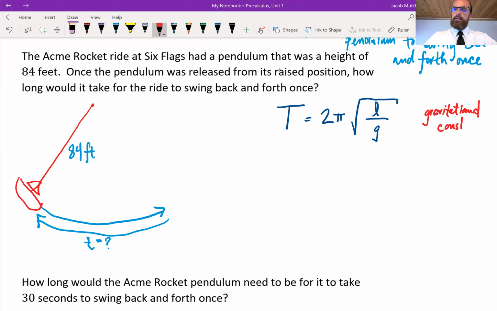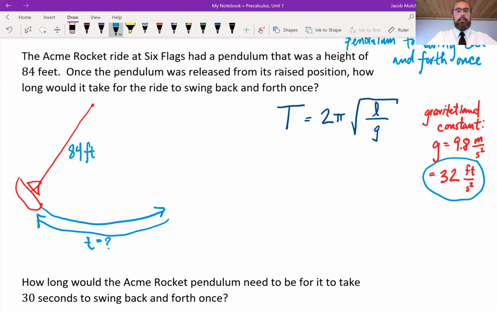And let's give it a value. g equals 9.8 meters over second squared, which in terms of feet is 32 feet per second squared. So definitely you'll want to choose the one that matches your measurement. So for us, if we're in feet, the height of the pendulum is 84 feet, we're going to select 32 feet per second squared.